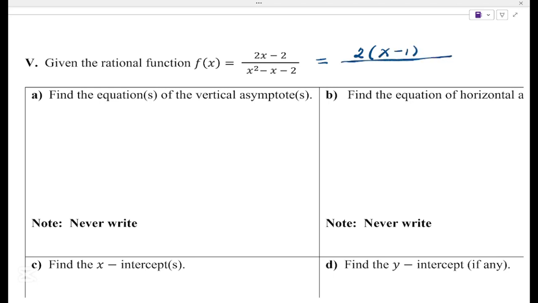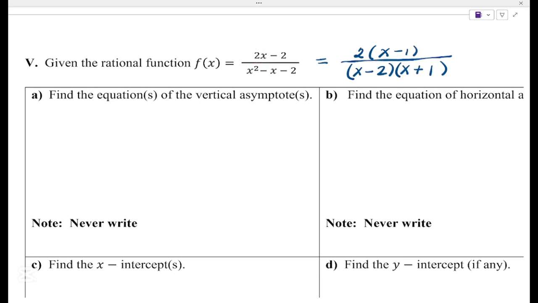And then factoring the denominator, it will give us the product of two expressions with x and x. And then we need the factors of minus 2: 2 and 1. Since the middle term is a minus, we have to put the minus on the larger number and positive on the smaller. So make sure that the factors are correct before you continue.